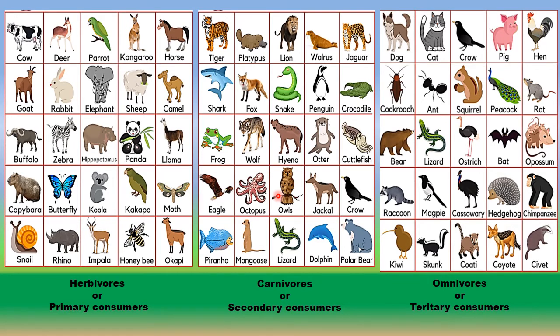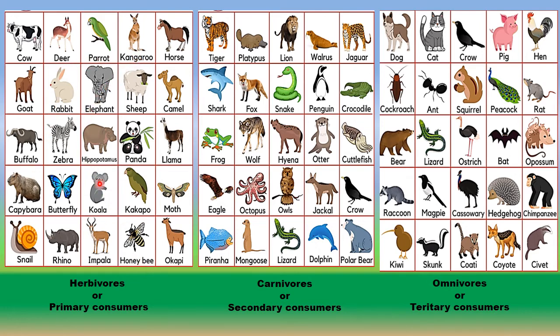Dear friends, these pictures represent different kinds of organisms at different trophic levels. For example, if we talk about the primary consumers or herbivores, examples are cow, deer, parrot, kangaroo, etc. These are primary consumers or herbivores in different ecosystems.